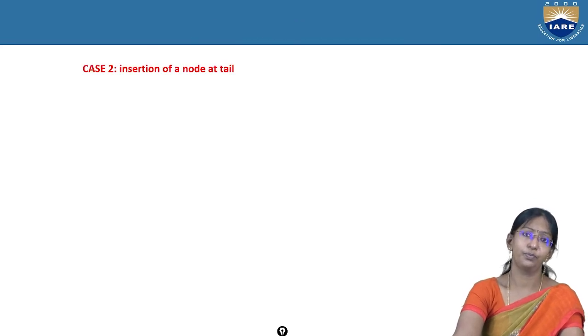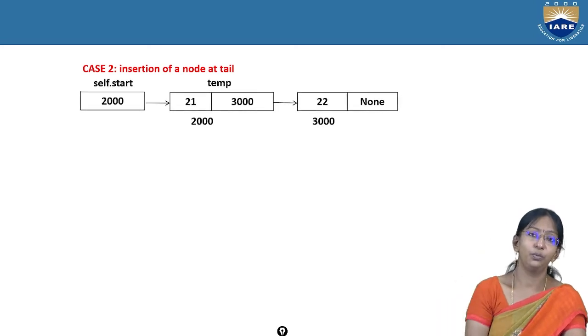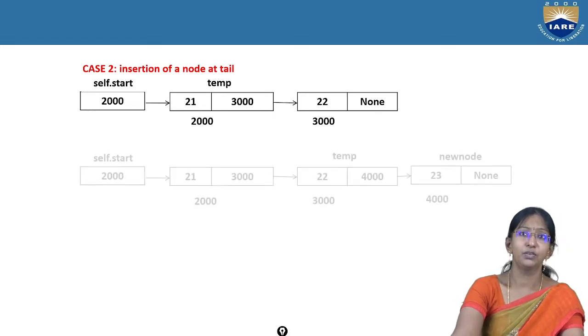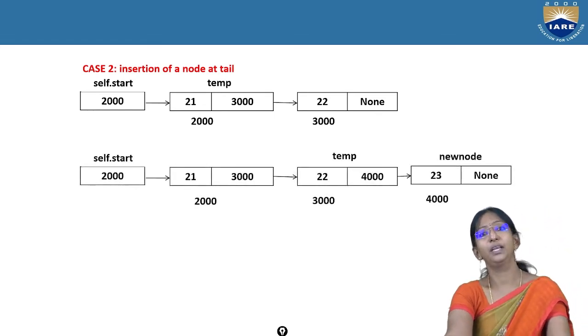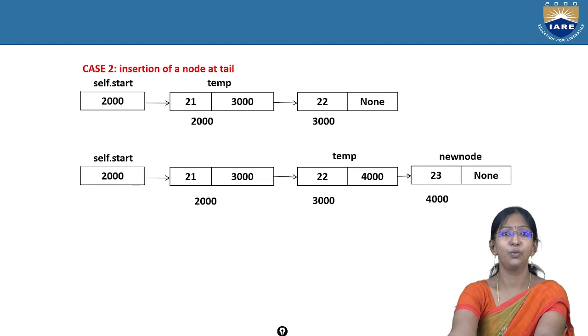In case 2, there are a handful of elements and you are trying to insert an element at the tail, that is at the end. You can see that 21 and 22 are the two elements, and you want to insert the next element as the last element. You do that by naming the first element as temporary and taking hops until you reach a node whose next part is None.